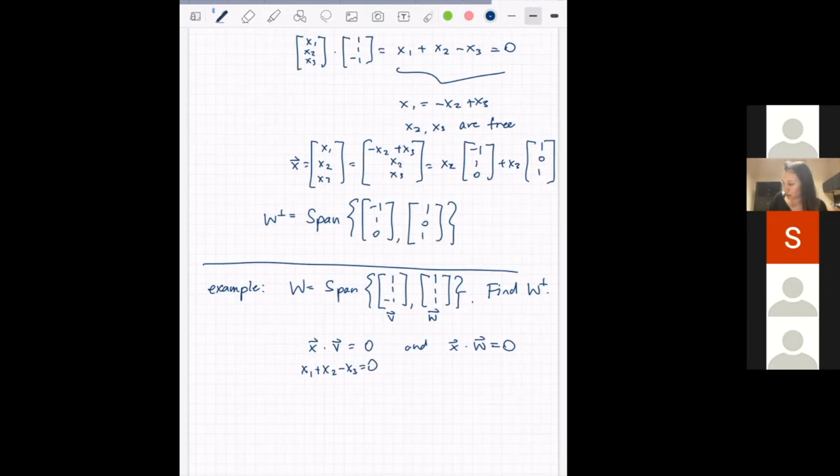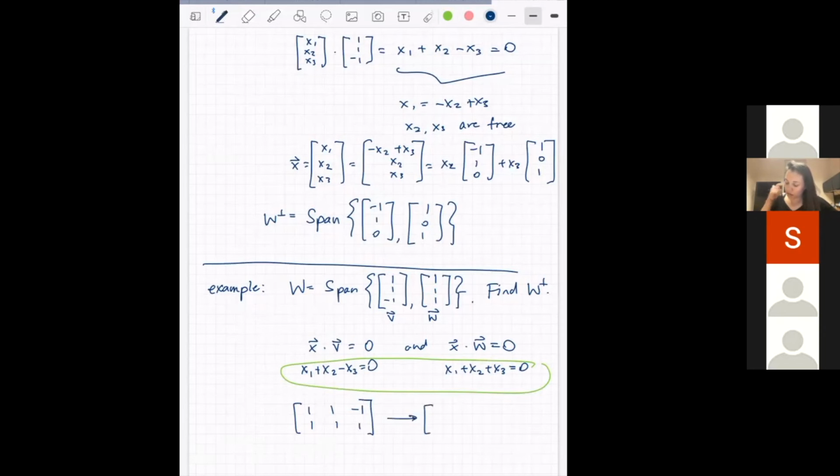And x dot w would give us x1 plus x2 plus x3 equals 0. Now we have this system of equations, which we can just stick into a matrix: (1, 1, -1) and (1, 1, 1).